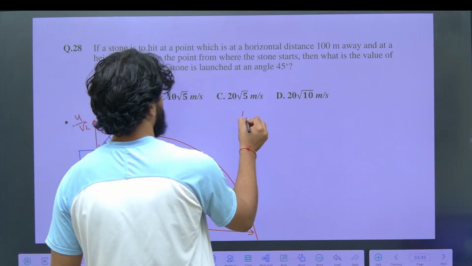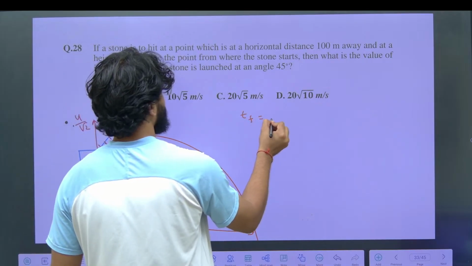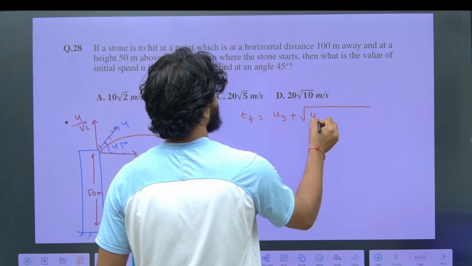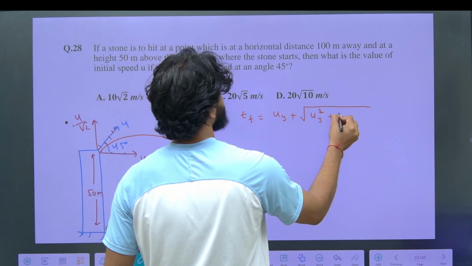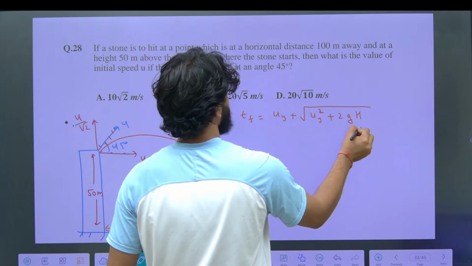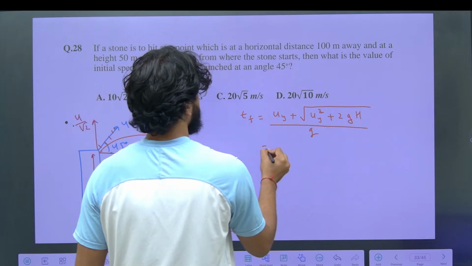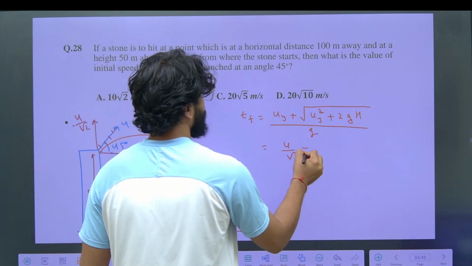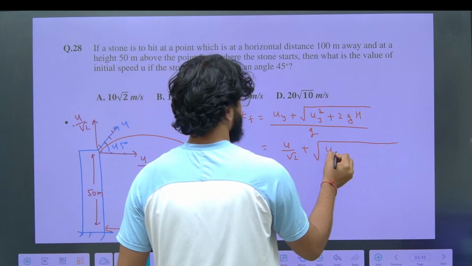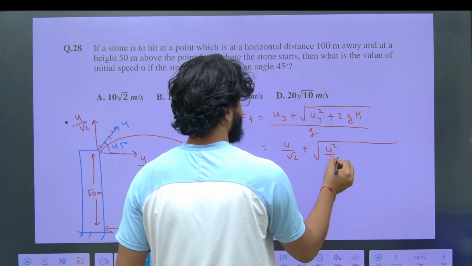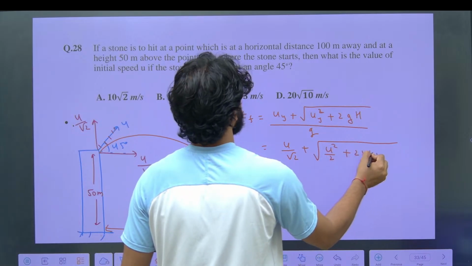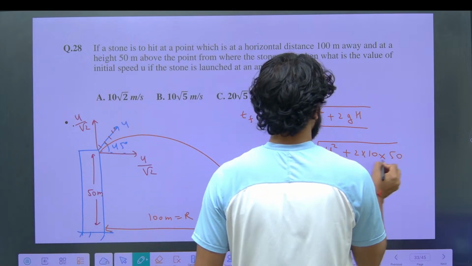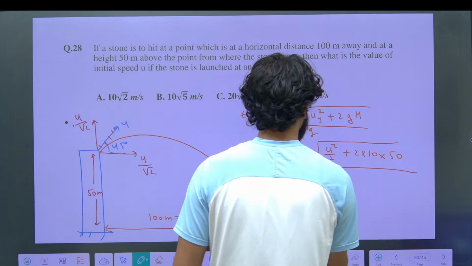So time of flight is uy plus under root uy square plus 2gh, upon g. So at least we can write a few things: u by root 2 plus under root u square by 2 plus 2 into 10 into h, which is 50, upon 10.